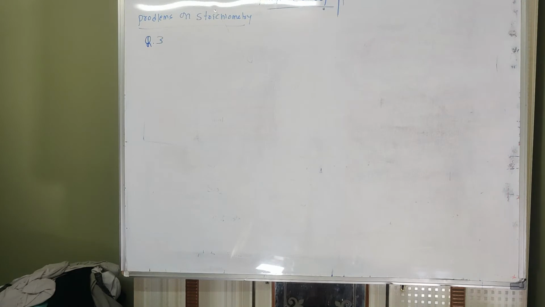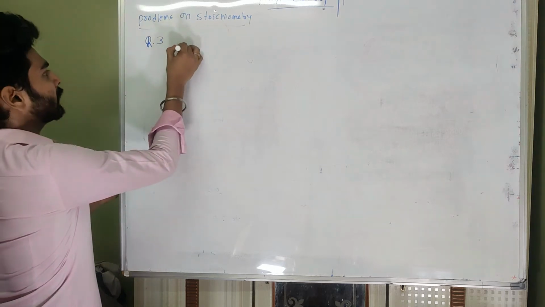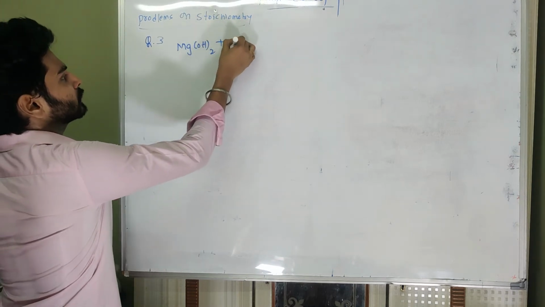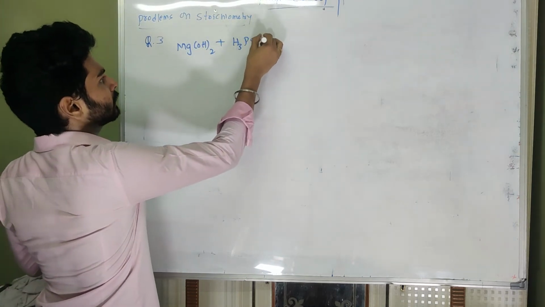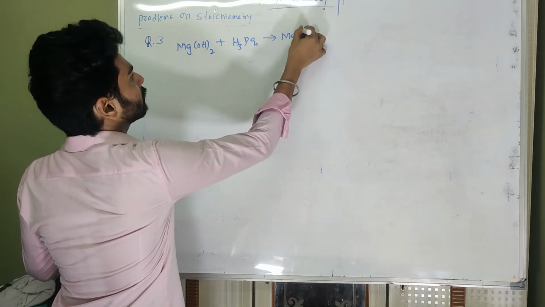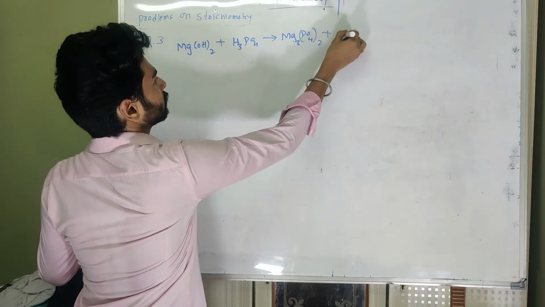The next question says: how many grams of phosphoric acid would be needed to neutralize 100 grams of magnesium hydroxide? Here we have to write the reaction first. Magnesium hydroxide plus phosphoric acid gives us magnesium phosphate plus water.